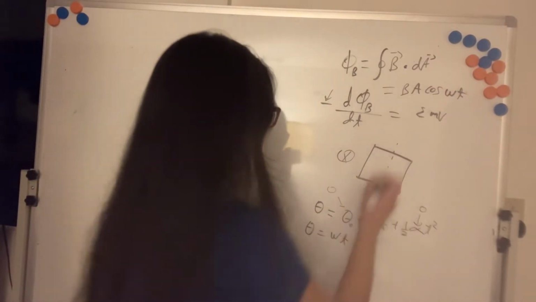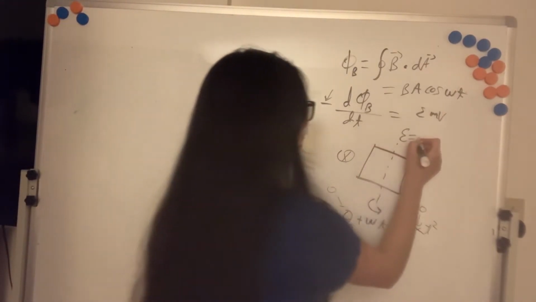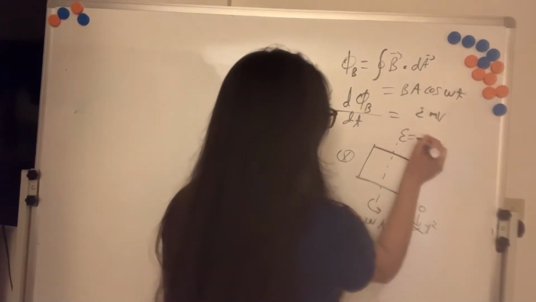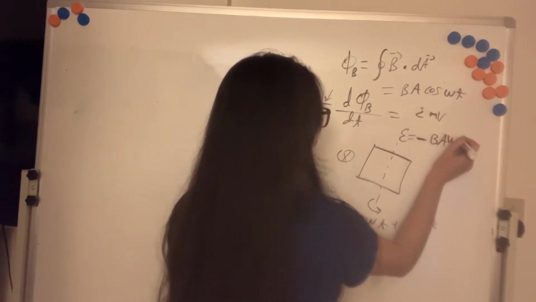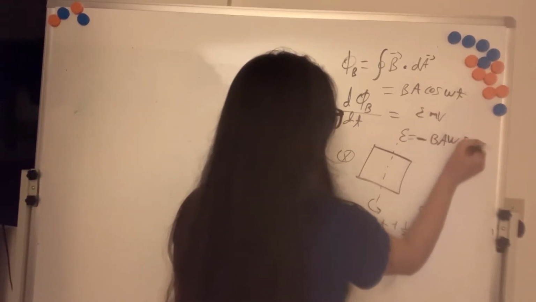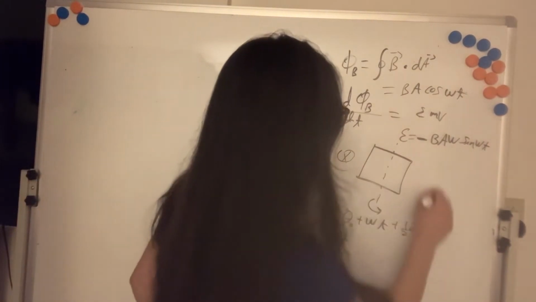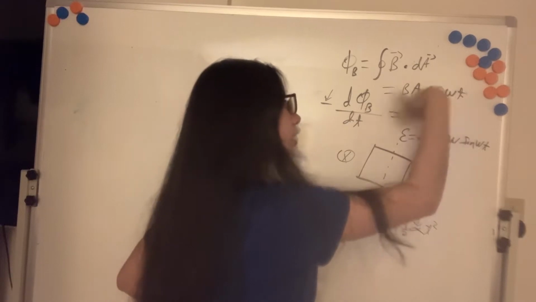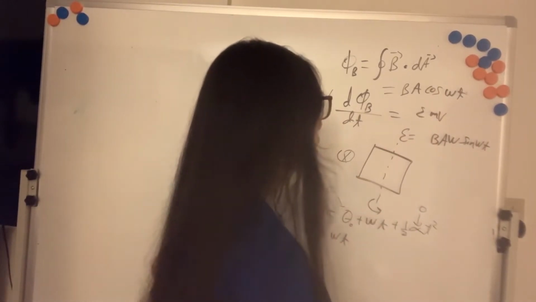Then the electromotive force is the negative of the time derivative of this. So it will be negative magnetic field area omega sine of omega t. Because the derivative of cosine of omega t is negative sine of omega t, this negative sign will cancel.